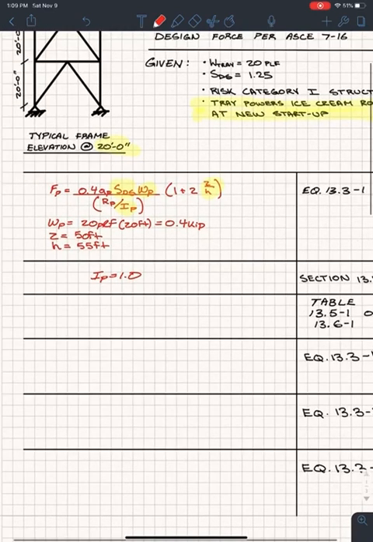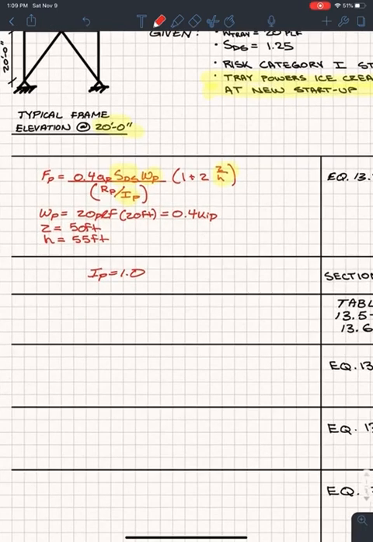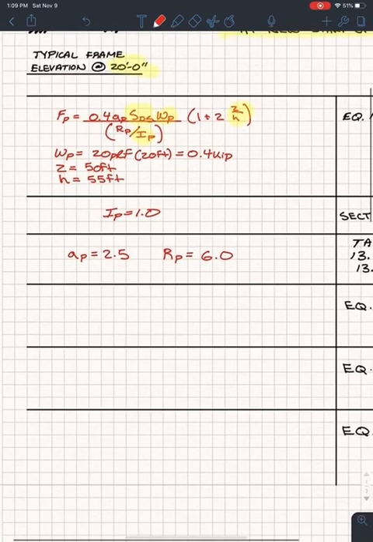So if you reference 3.6-1, you'll see a line item in there for electrical conduit and cable trays, and that's a category we fall under. So reference that. Your amplification factor is equal to 2.5, and your response modification factor is equal to 6.0. Okay?